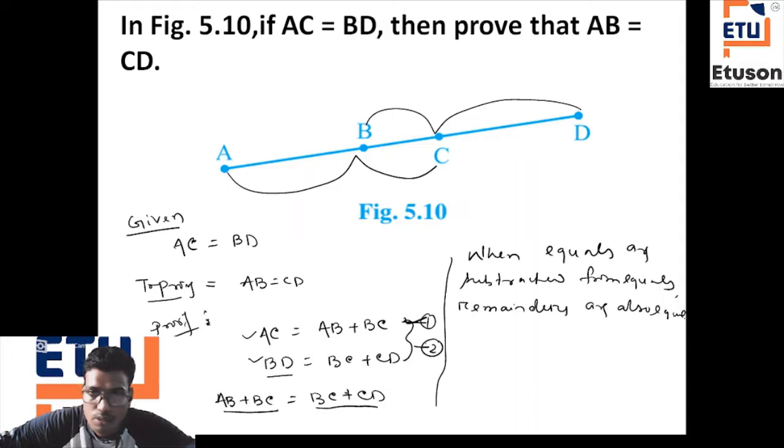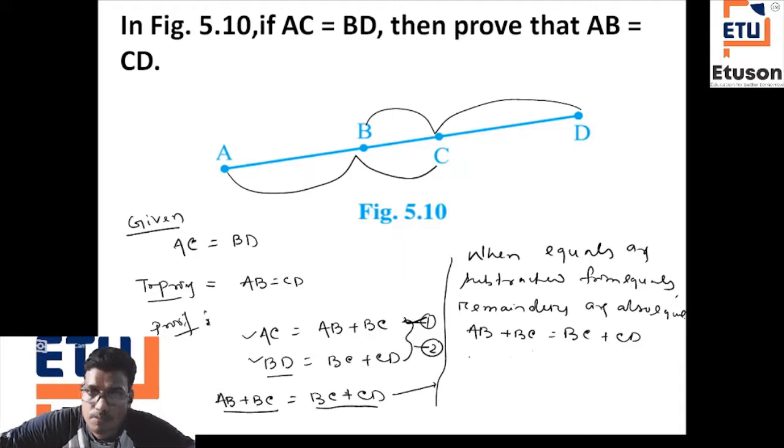Correct? So by putting the statement over there, instead of writing that particular equation, I will write now AB plus BC, that is the given statement that we have actually found, equals BC plus CD.